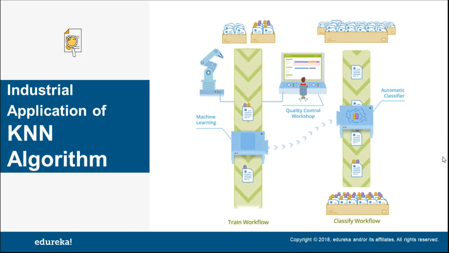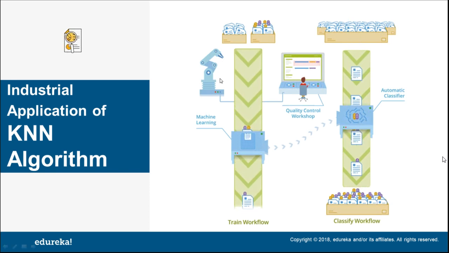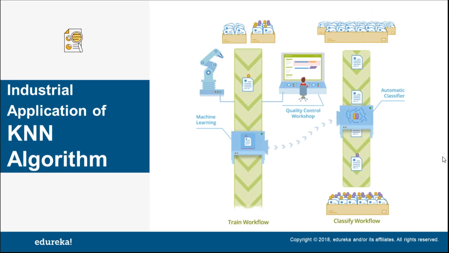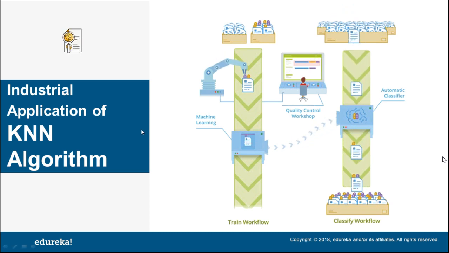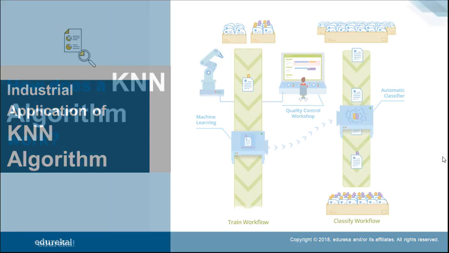After that, it will automatically classify new products whenever they are generated. It looks at which are the nearest data points, and if most of the nearest data points for a particular image, let's say the image of the object or the material, are defective, then you will say it is defective. Otherwise, you will say it is fine, or good.